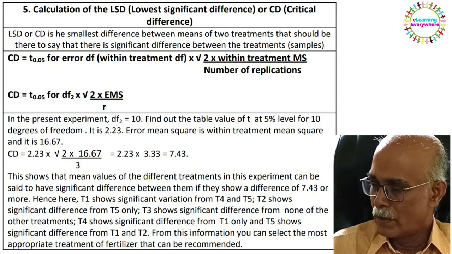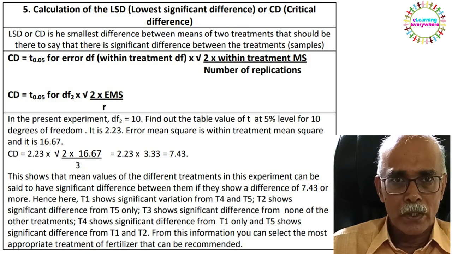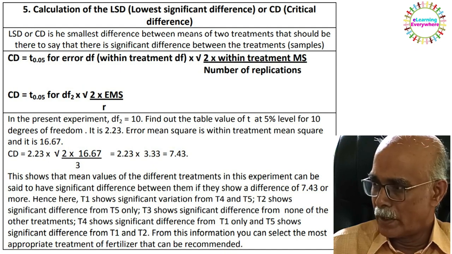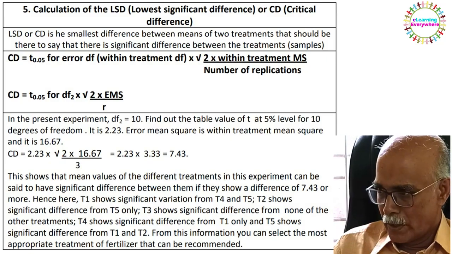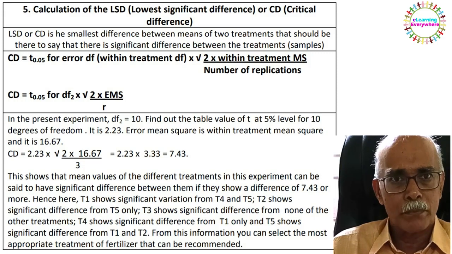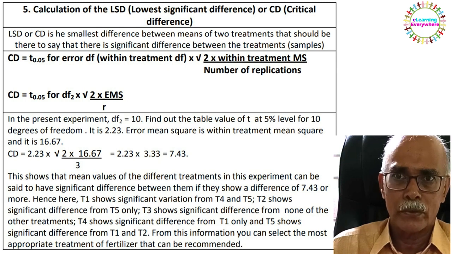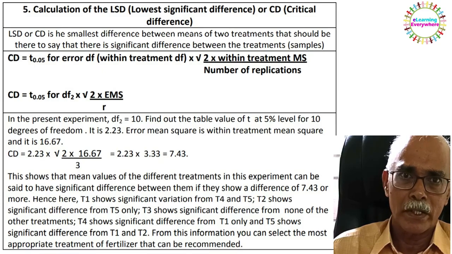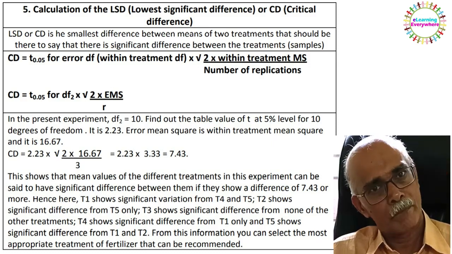The CD, the critical difference, is 7.43, and the result shows that the treatment means show significant difference between them only if there is a difference of 7.43 between them.